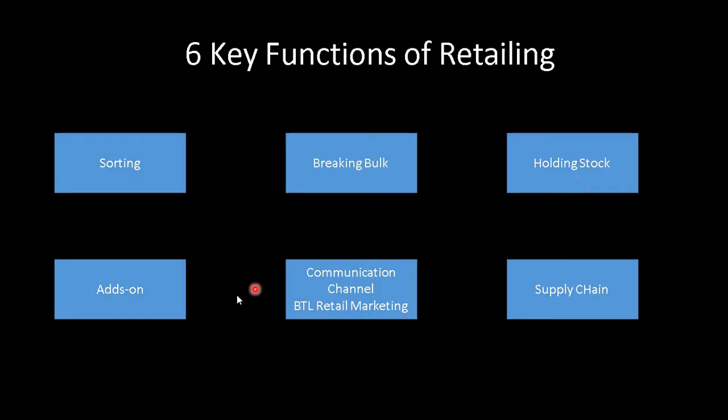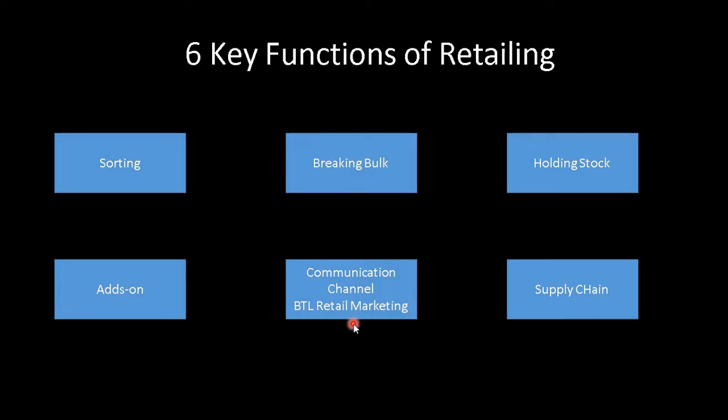Add-on. When you sell a product, it's possible through retailers to create bundles so that your product can go with another product or create a synergy between your product and some similar other elements. So add-on is very possible, and that's why retailers are so professional in doing so. Retailers will offer you as well the best communication platform to reach your target consumers.